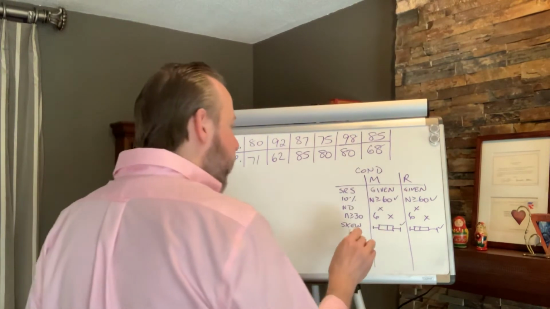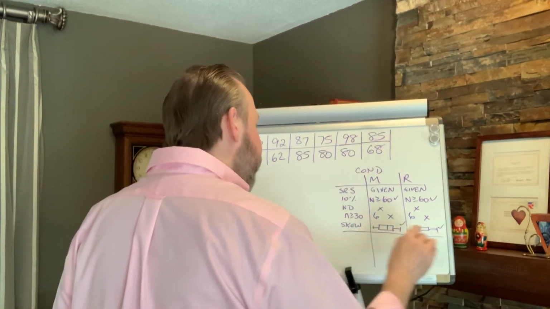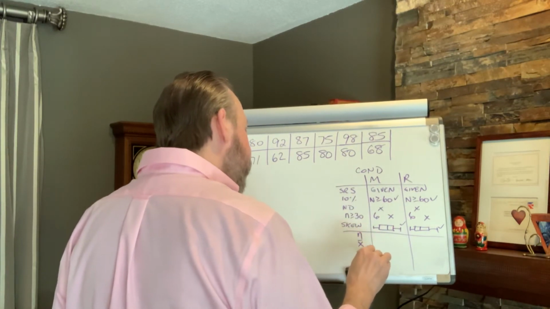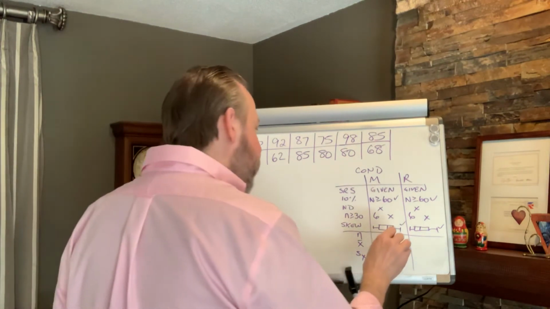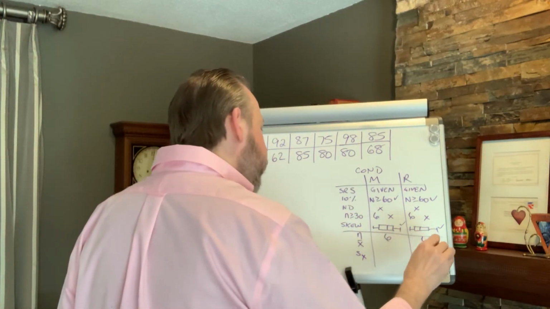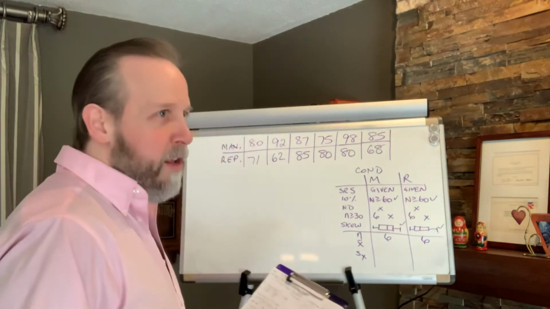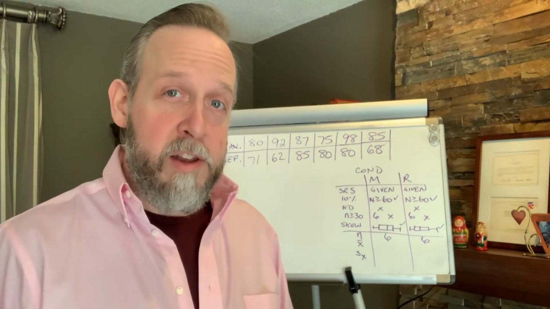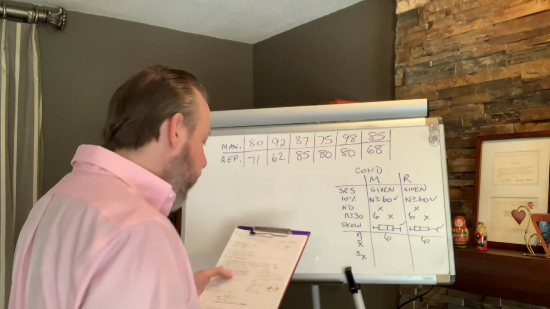And kind of in backwards fashion, I'm going to put my summary data down below here. So we had N, I want to know X bar, and S sub X. We already know the sample size was 6 for both. If you use your calculator's one-var stat function, you'll be able to find the mean and the standard deviation with no difficulty at all.